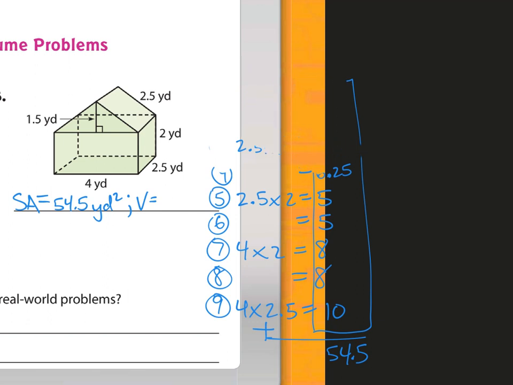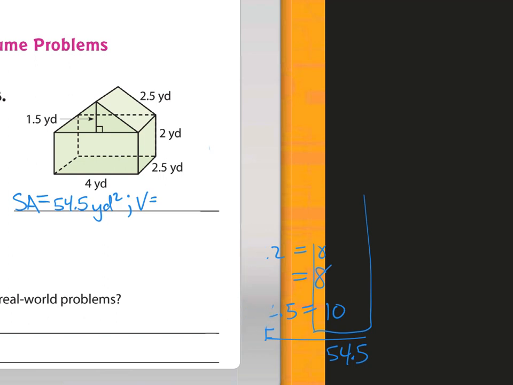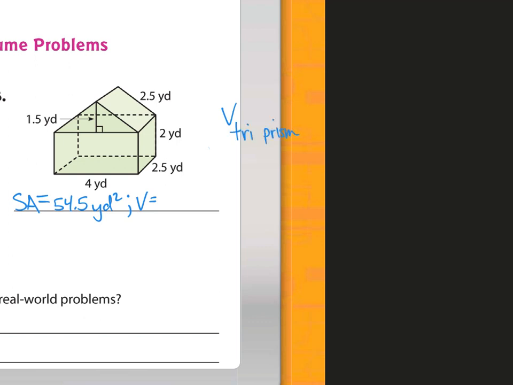So the volume is going to be easier, but it's going to be done in 2 parts. We have the volume of the roof and the volume of the regular part of the house. So the roof is a triangular prism. So the volume of the triangular prism is equal to the base area times the height of the prism.